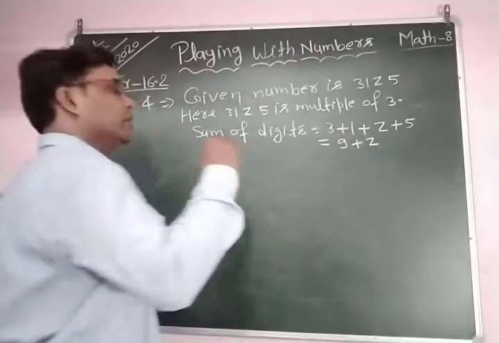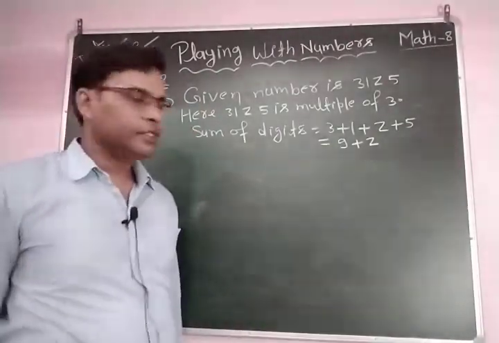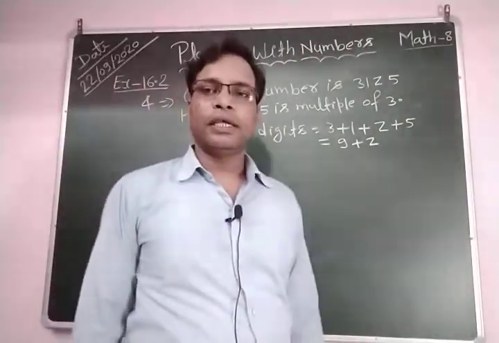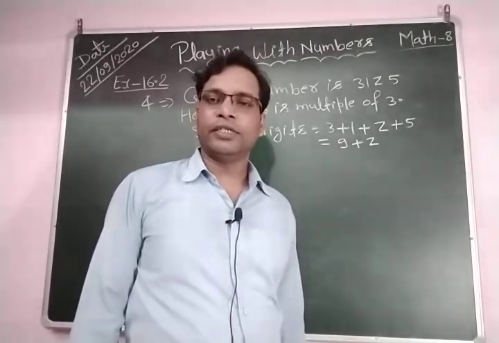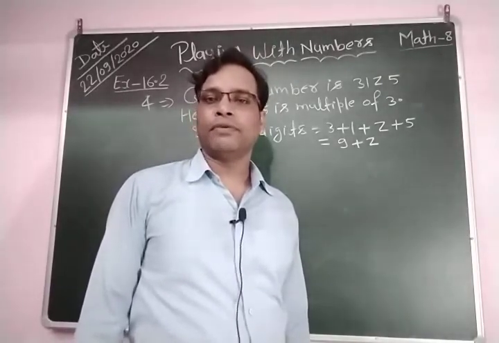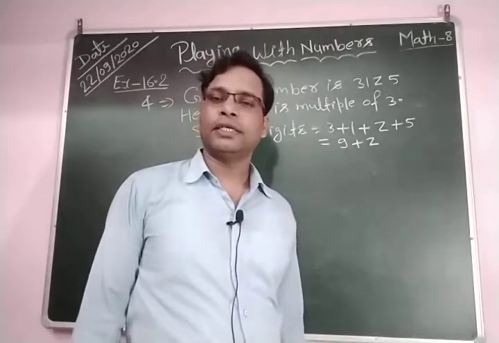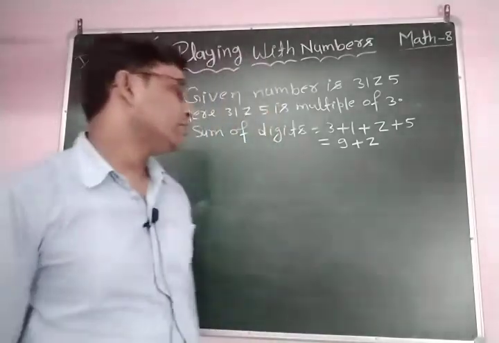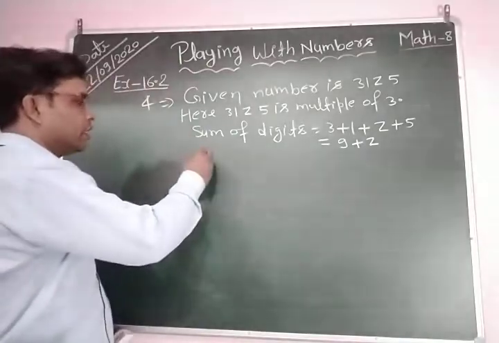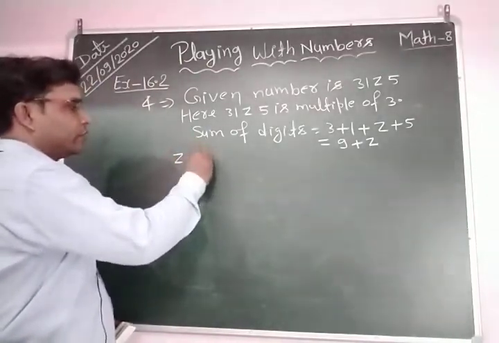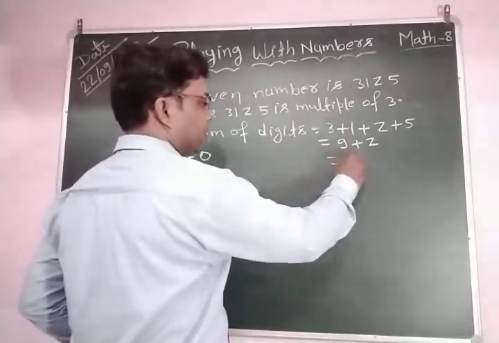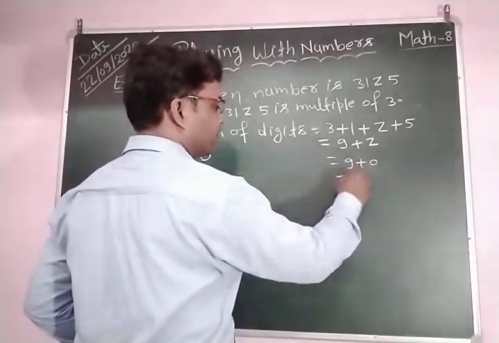Here it is given in the question that z is a digit, and we know that the digits are 0, 1, 2, 3, 4, 5, 6, 7, 8, 9. First we put z equal to 0. Then this becomes 9 plus 0, which is 9.